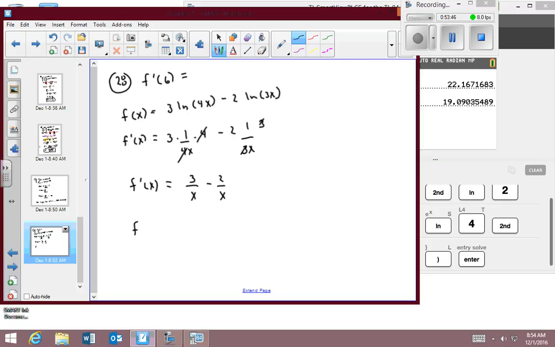So the first derivative at 6 is 3 minus 2 over 6, which is 1 half. No, better not do it that way. I better do it 1/6.